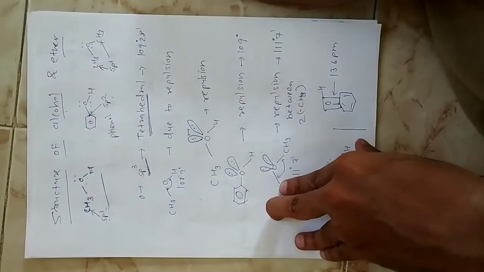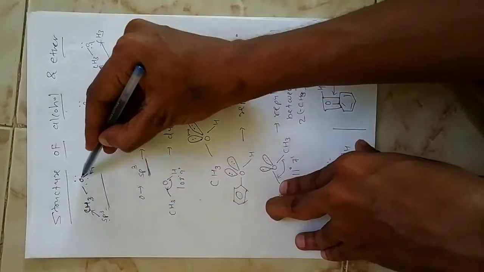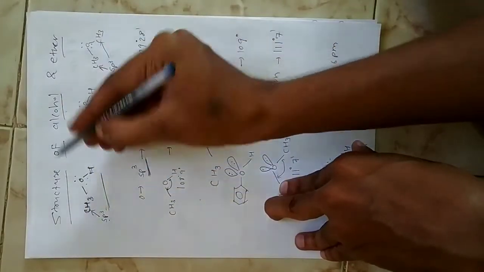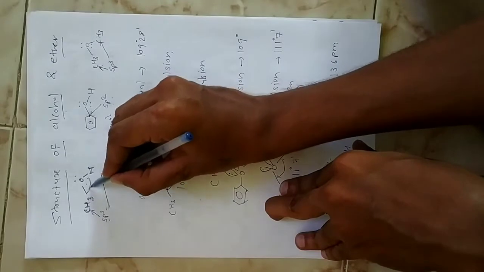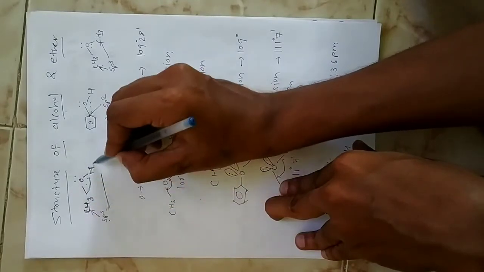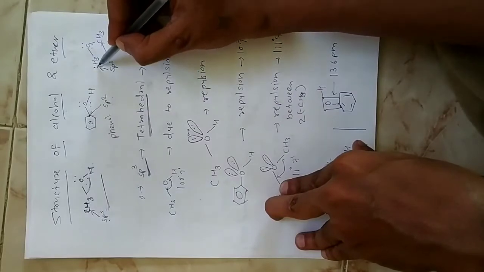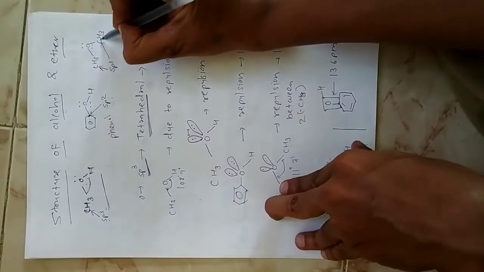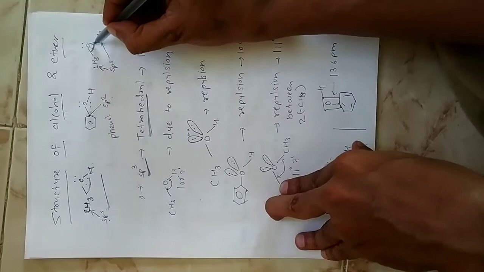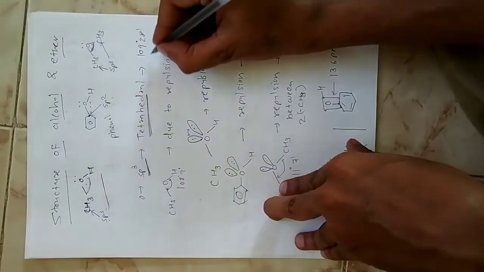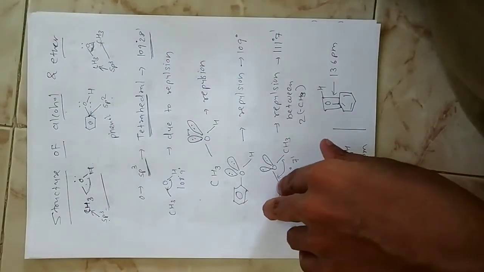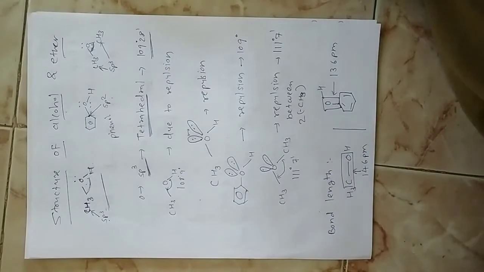The bond angle between carbon, oxygen and hydrogen, similarly carbon, oxygen, hydrogen, and in this structure carbon, oxygen and carbon, must be 109 degree 28 minutes. That is the standard bond angle in sp3 hybridization.